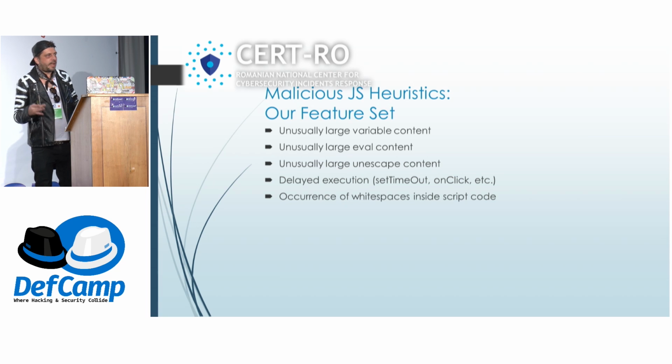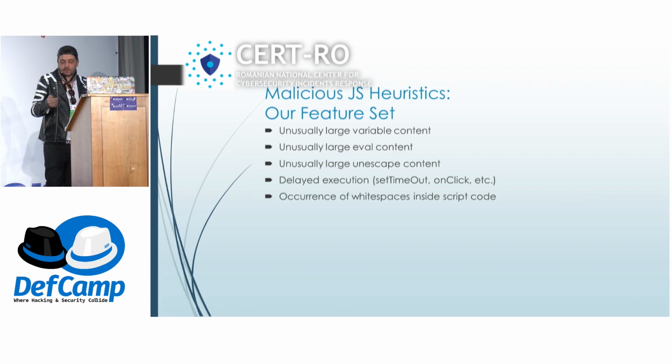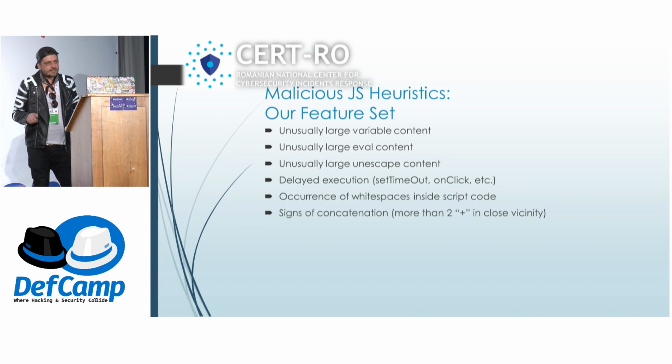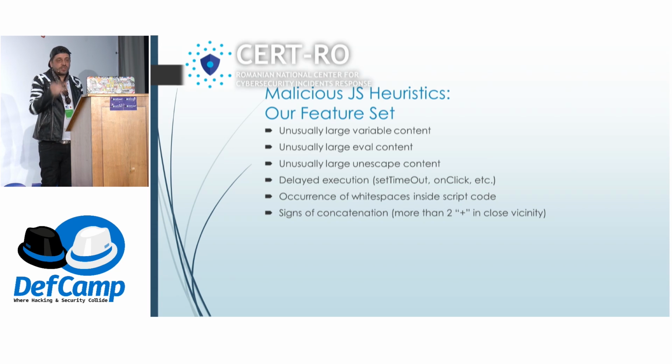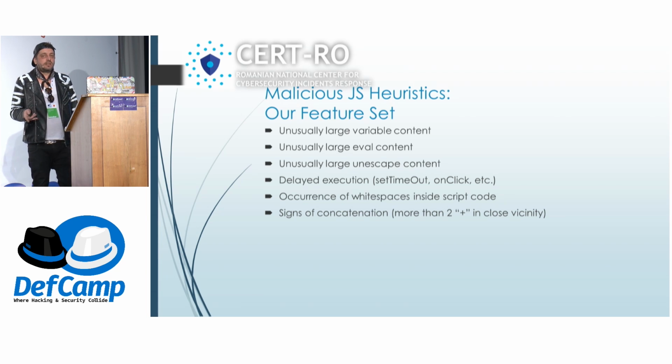I guess they were trying to save space, I don't know. But this is the fact, they use very little white space. And also we're looking for signs of concatenation, which we consider to be more than 2 plus signs in close vicinity.